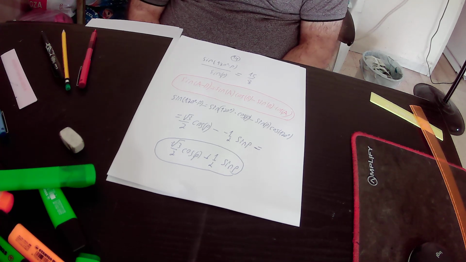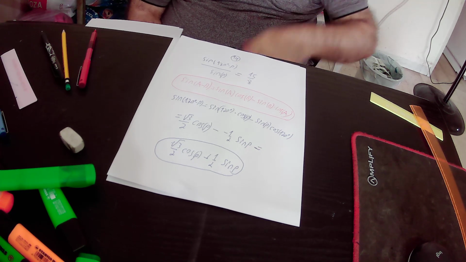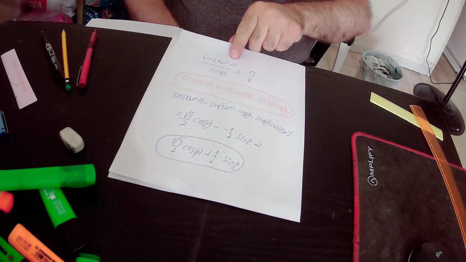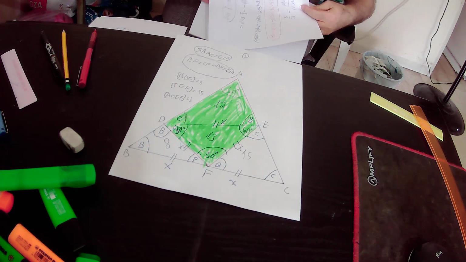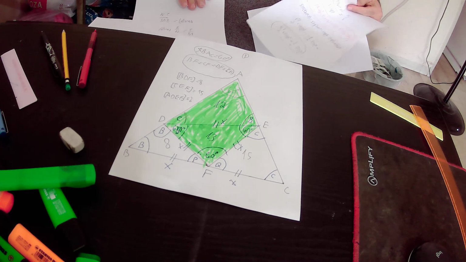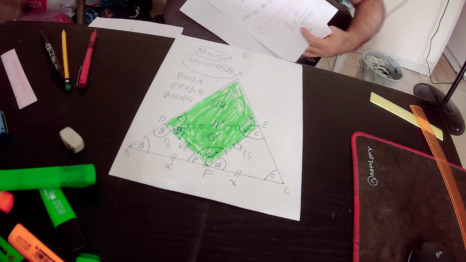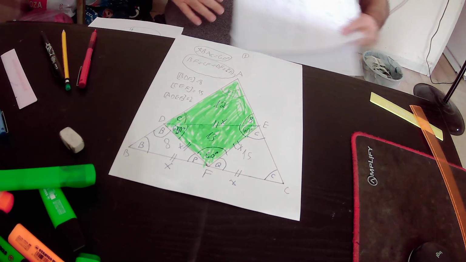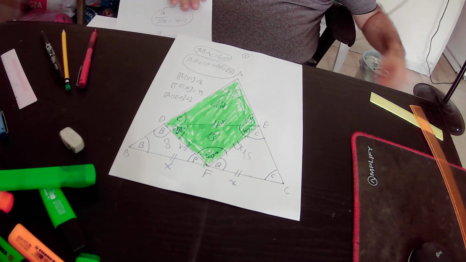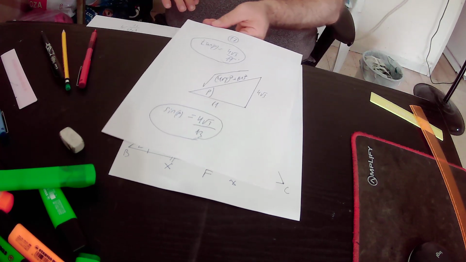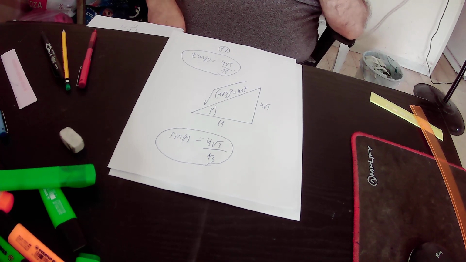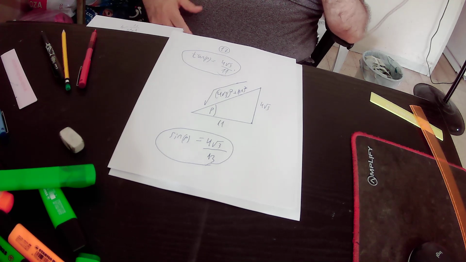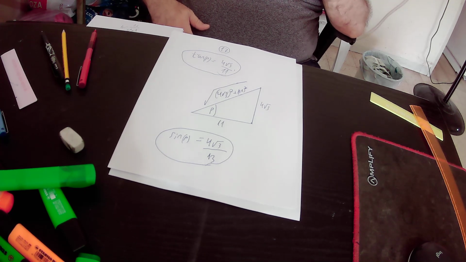And we found out that tangent P equals 4 times root 3 over 11. Actually, tangent P is the relationship between the sides of a right triangle.